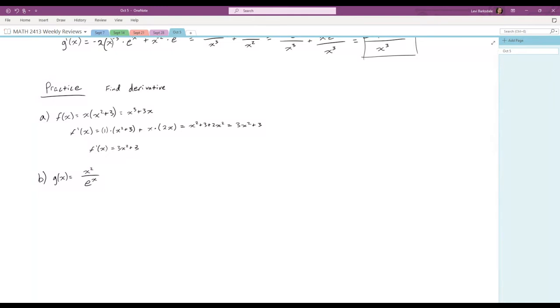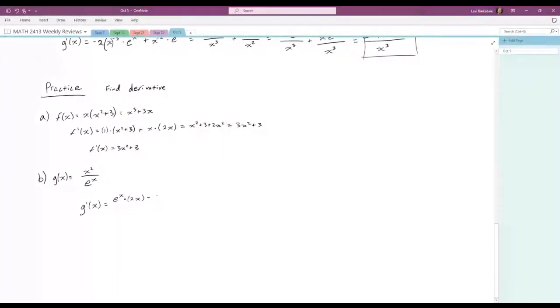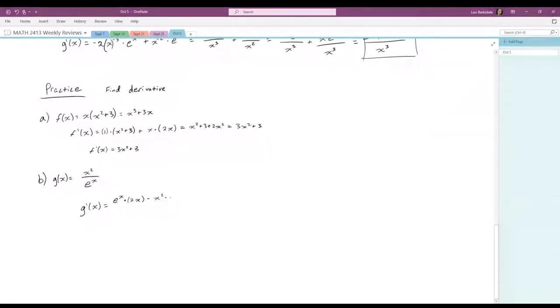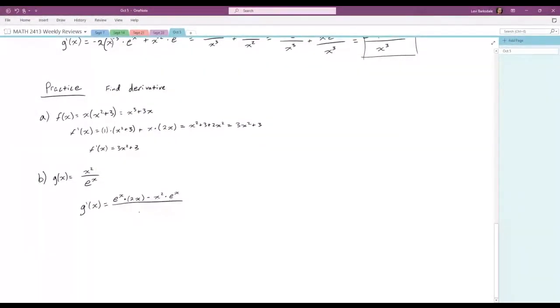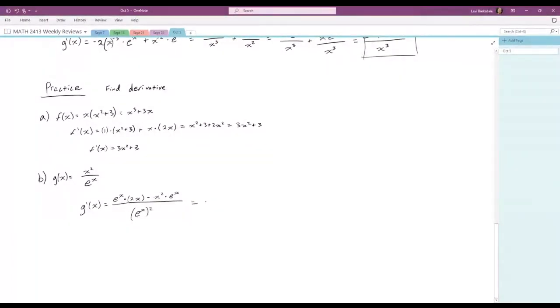For the second one, it's already set up to use a nice quotient rule, so we're going to do that. Quotient rule, we would do low function, e to the x, times the derivative of the high function, minus high, x squared, times the derivative of the low, all over e to the x squared. And now we need to simplify.